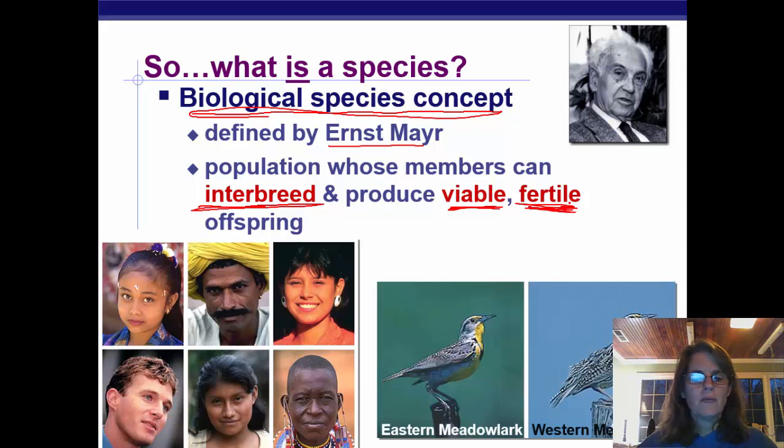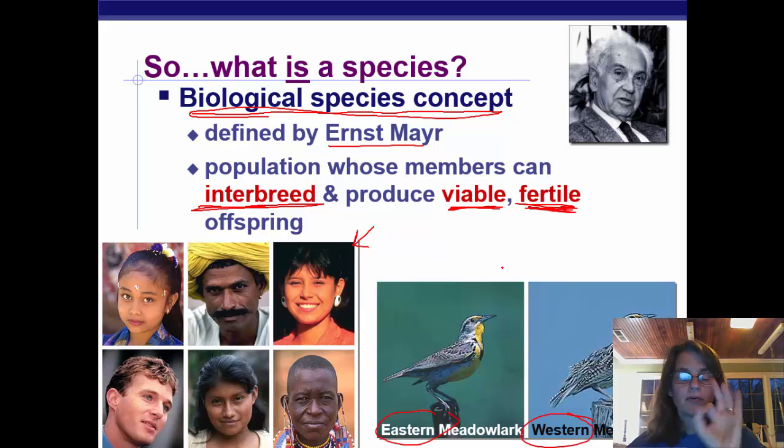So when we look at what we have here, species are hard to define. Look at all these different people. If we just looked at them superficially, we would think many different species perhaps, but in fact, all humans are considered one species, whereas these meadowlarks, the eastern and the western, by the way, this is a great bird, you should look it up, but beautiful song.